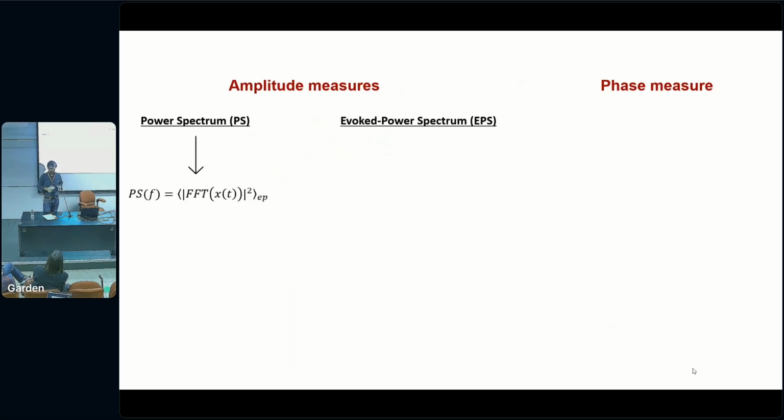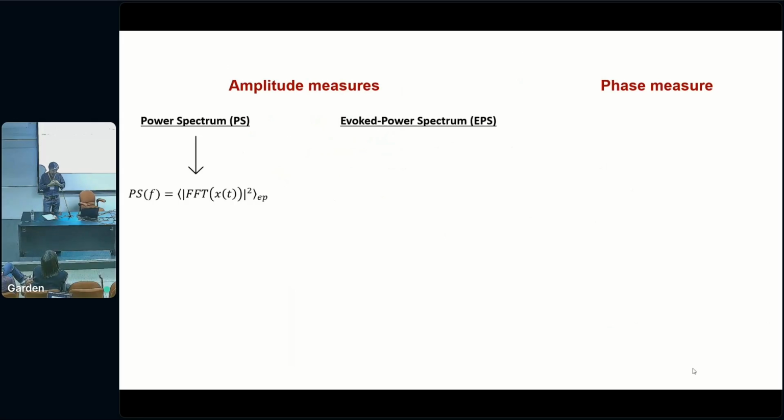So the power spectrum only computes the amplitude. It doesn't care about the phase. So if in two different blocks of the same stimulation, the phase is different, but the amplitude is the same, the power spectrum is perfect.